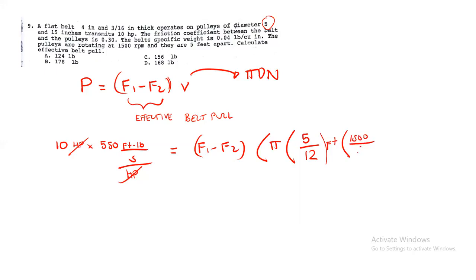So 1,500 divide mo ng 60 para maging radians per second, or para maging feet per second. So makancel si feet, then seconds. Matitira dito is pounds. So makuha natin F1 minus F2 dito is 168 pounds.